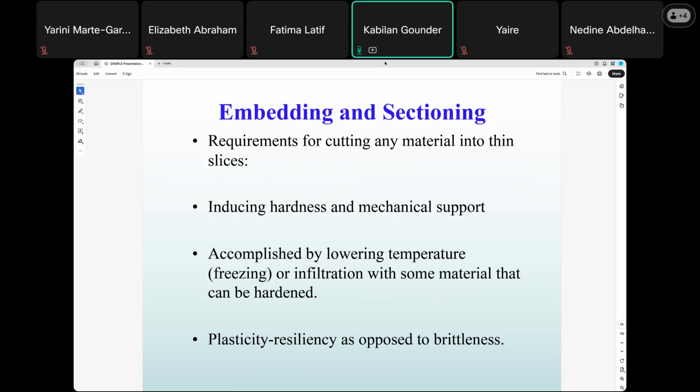That's another reason we use it. And when you do the embedding and sectioning, you need plasticity and resiliency as opposed to brittleness. So when you process your samples, we have to be careful. This plasticity and resilience will apply to the electron microscope. That statement we will discuss later.